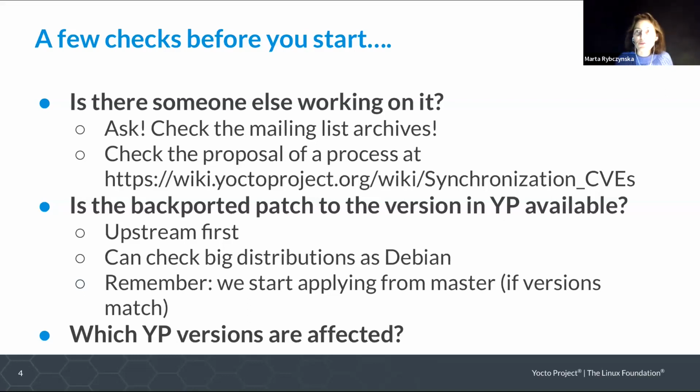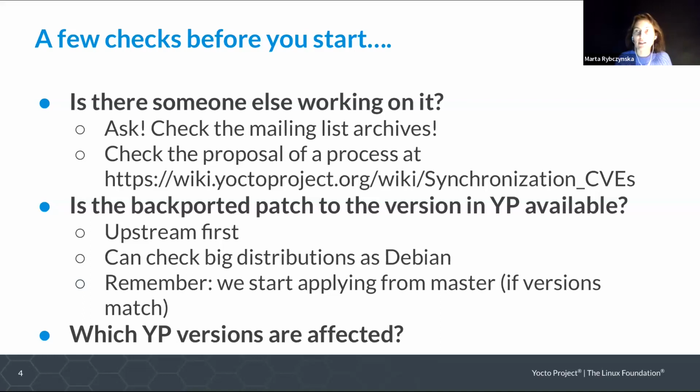The second question would be, is there already a patch available for the version of the package that is included in the Yocto project? You know that we have LTSs, and the LTS may not contain the latest version of that package, but some version that was released some time ago, and the patch has been released only on the main branch, for example.